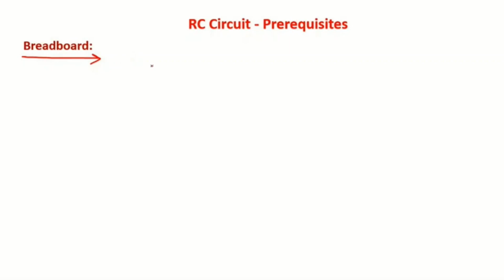For example, take a simple circuit with a resistor, a capacitor, a battery, and an ammeter, something like this. If you want to implement this circuit, we need a platform. The platform which we are going to use is known as a breadboard.